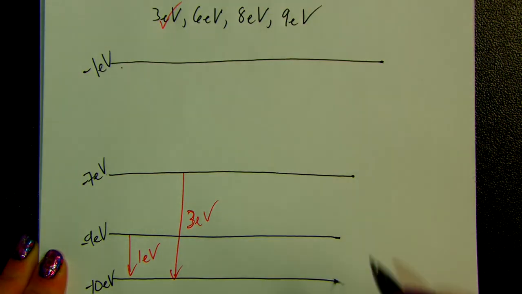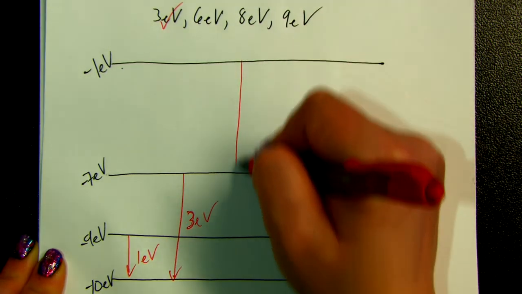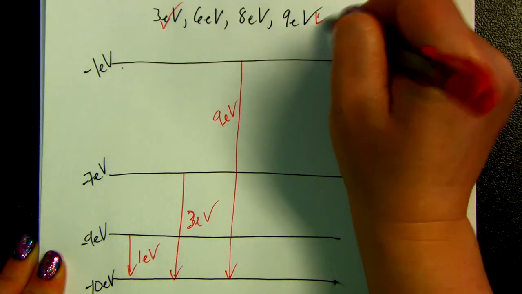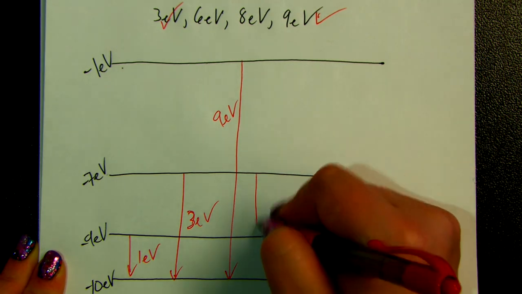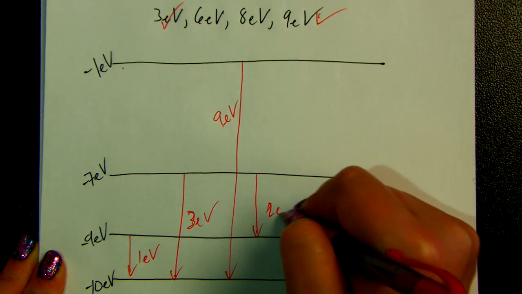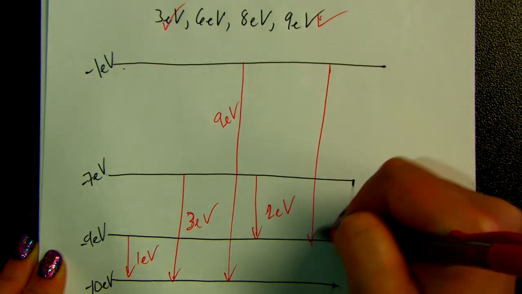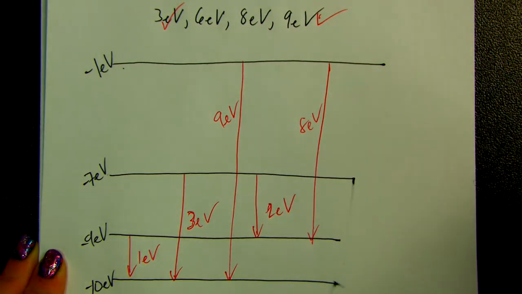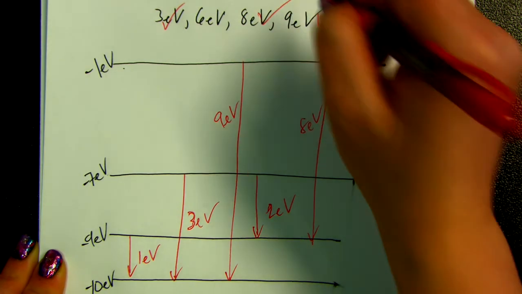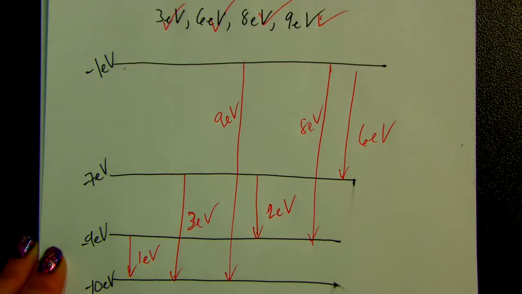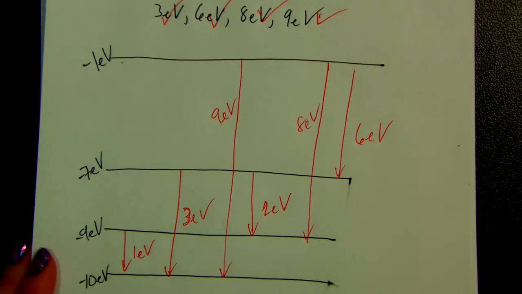Check that off. The 9 eV, which we observed, a 2 eV, which we cannot. We'd have an 8 eV, which we observed, and then a 6 eV here, which we also observed. So either one of these two energy arrangements could correspond to the energy levels.